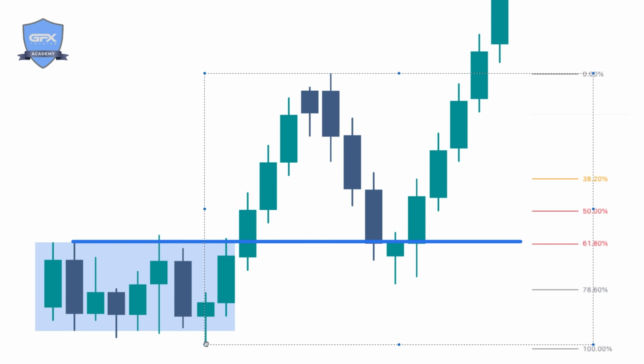So we place a fib at the low on the day, the low of the accumulation. We wait for the breakout to occur, and then we place our fib at the top once price starts pulling back, and that will give us hopefully a level of 61.8, which was in line with the top of the breakout. Now the amount of times that this actually lines up is unbelievable.